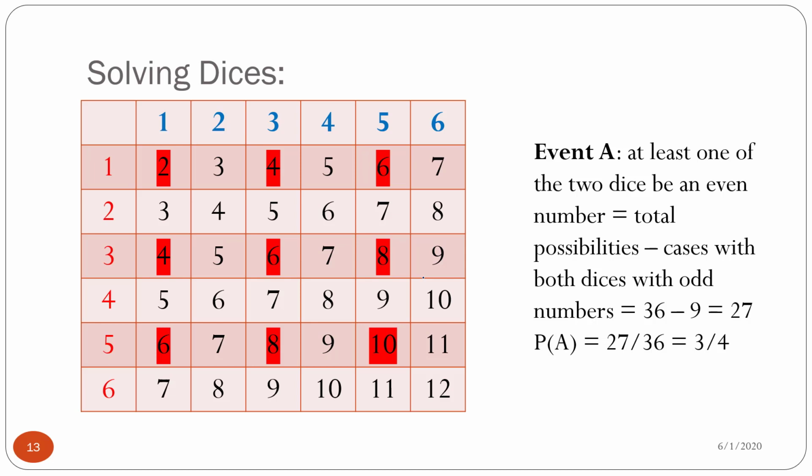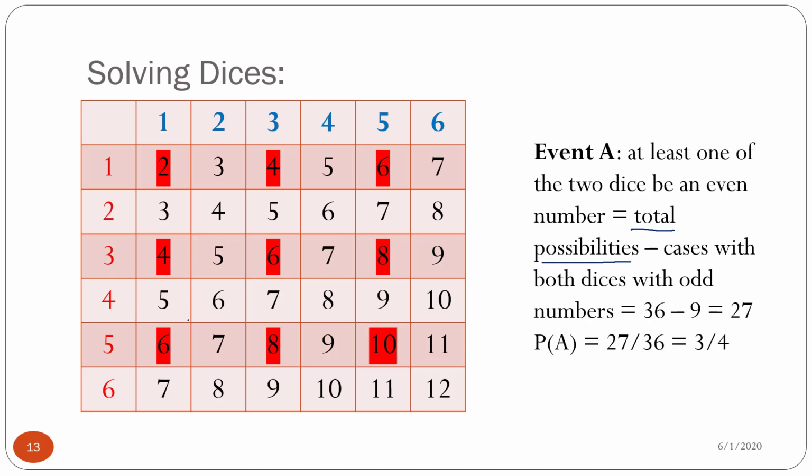So what did I do here? My approach is that I will find the total possibilities, and there are 36 in total, right? The combination of 36, which you got in the sample space also. 6 multiplied by 6, so these are 36 entries.